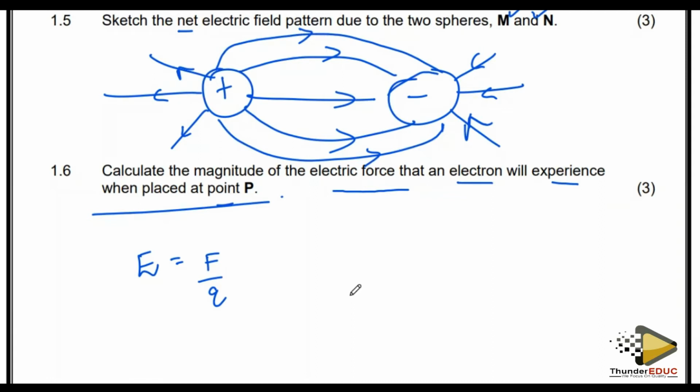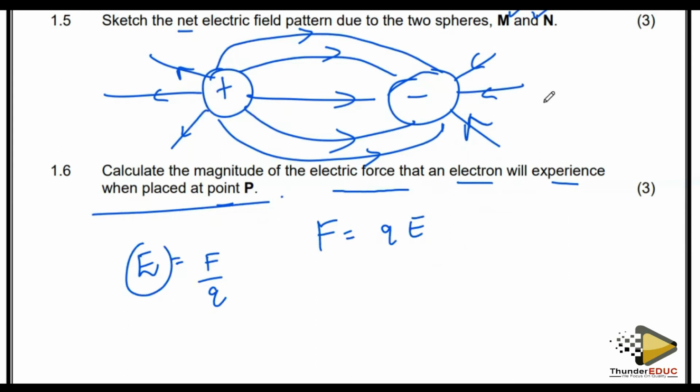Since we have the net electric field, we just need to multiply. So Q times E. We know the charge of an electron; I need the electron charge with my formula.